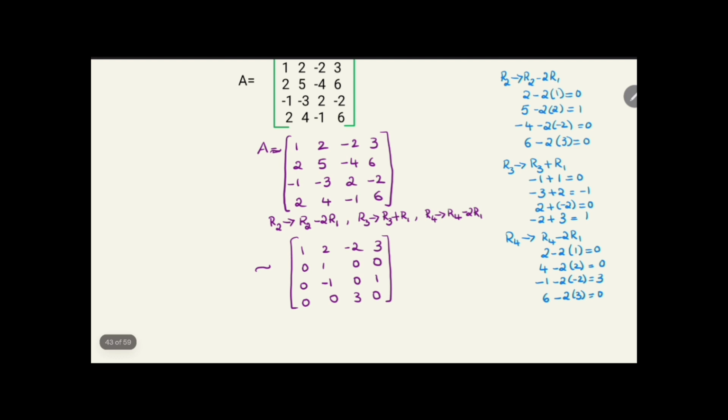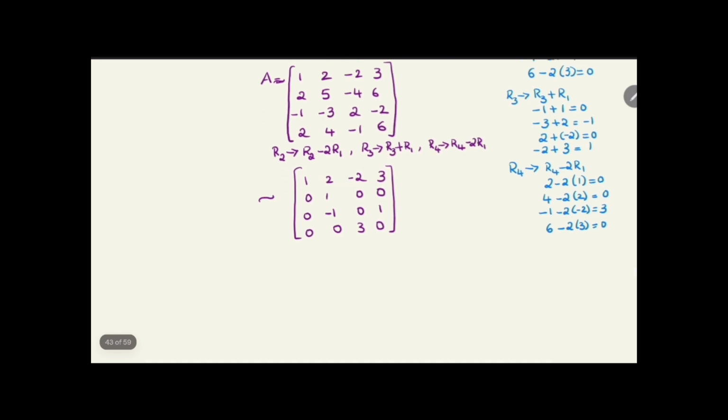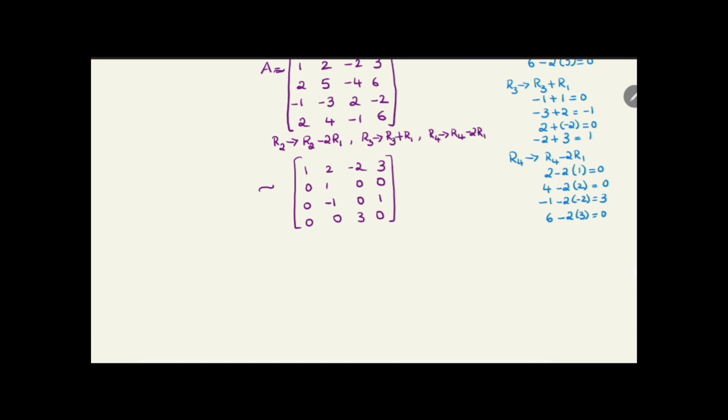Now immediately I have to go for step 3. I have to make these three elements 0. For that I should make use of column 1. Okay, now let's see what the operations are here. If I multiply column 1 with 2 and subtract from column 2, then I can make this element 0. How will you write the operation?